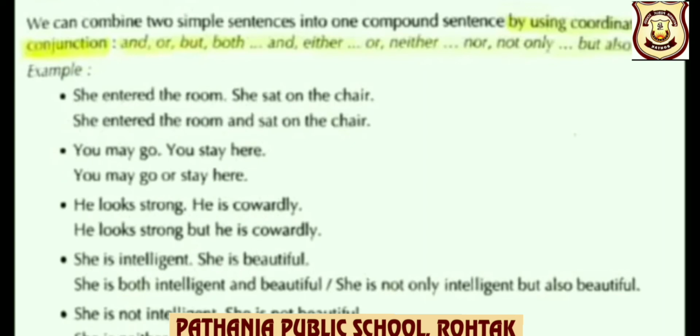And as we know, one compound sentence consists of two independent clauses and a coordinating conjunction. So we can combine two simple sentences into one compound sentence by using coordinating conjunctions like and, or, but, both and, either or, neither nor, not only but also.